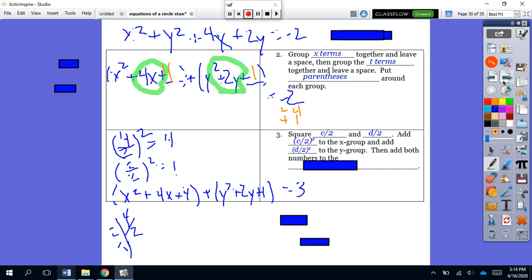So when I write that out, I'm going to write x plus 2 times x plus 2, which is x plus 2 squared. And then do the same thing with the y's, and I get 1 and 1, so plus y plus 1 squared, and that equals 3.